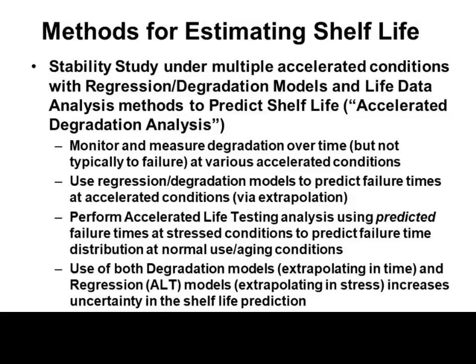So it's a little bit more complicated because first we're using a stability model, a degradation model, on the degradation data for each unit to predict failure times at different stresses. Then we're doing another model, really two more models. We're fitting a Weibull distribution to the failure times. And then we're doing another regression model which relates how the time at which 1% or 5% fail depends on stress.